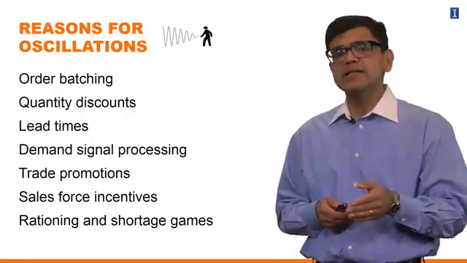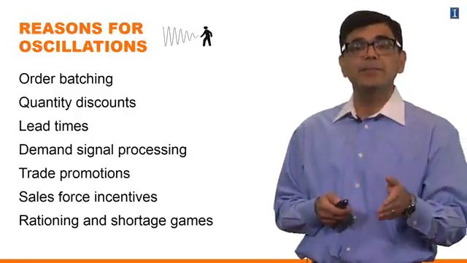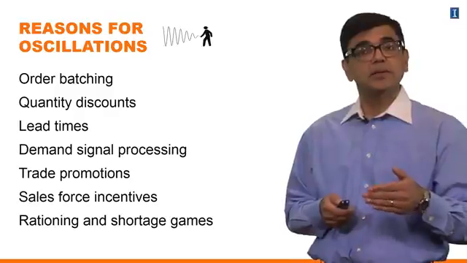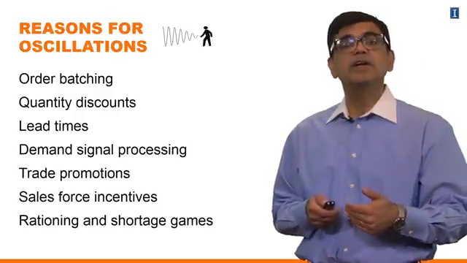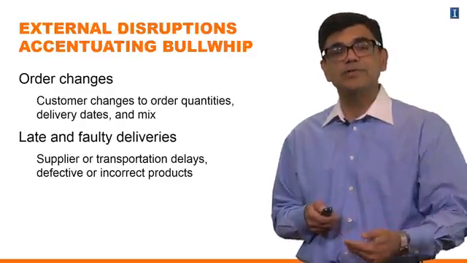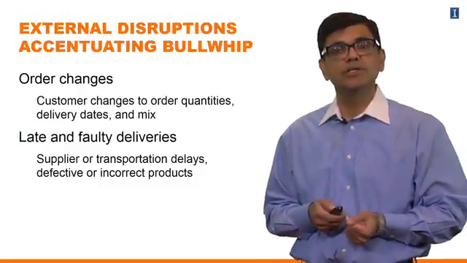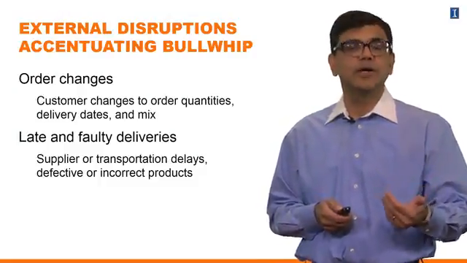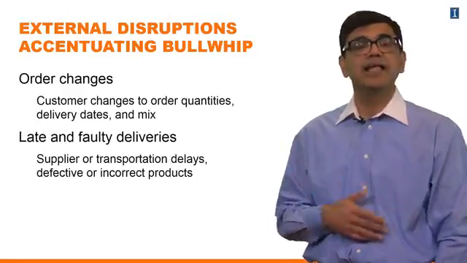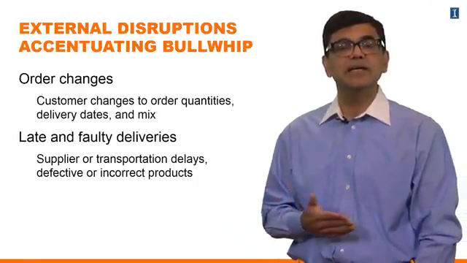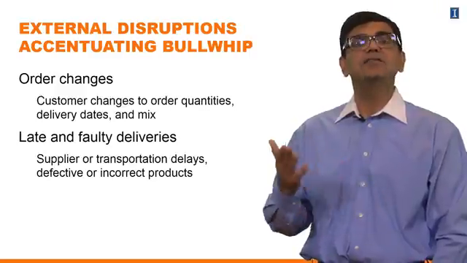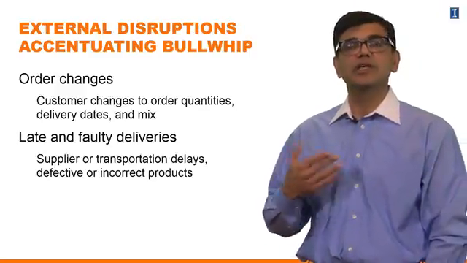Next, let's look at some of the things that can happen that actually make this variation even worse. So these are disruptions that can make the bullwhip effect even worse. Changes to orders. If customers are allowed to change orders until the last minute, then there's added fluctuation based on changed orders.